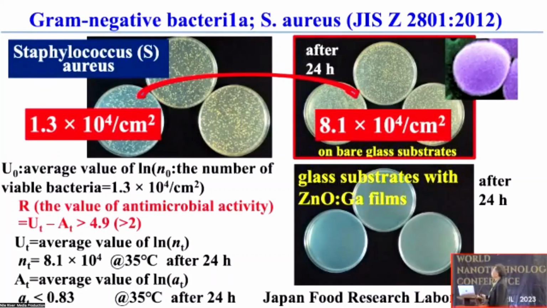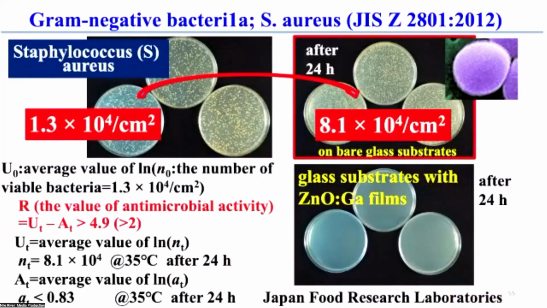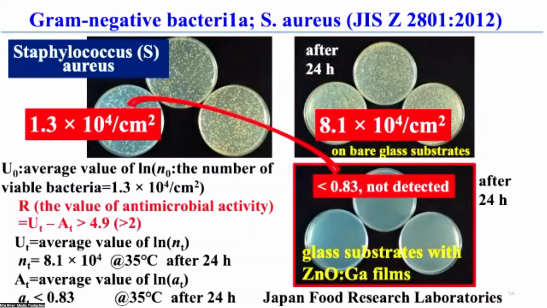After 24 hours, with just the bare glass substrates, we find an increase in the number of living Staphylococcus aureus. On the other hand, with the glass substrate with conductive gallium-doped zinc oxide films, as you can see, we have no detection of living Staphylococcus aureus, in fact within 1 hour.